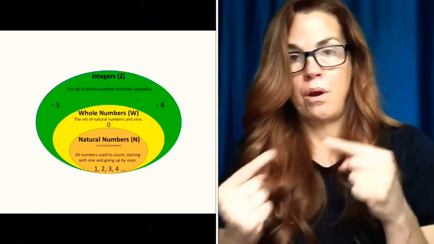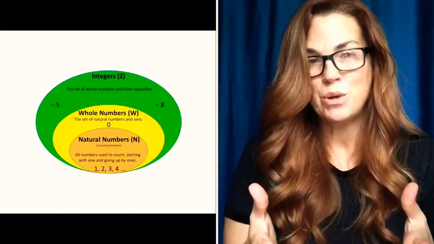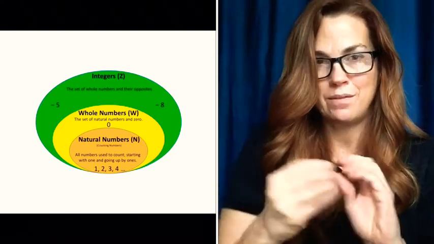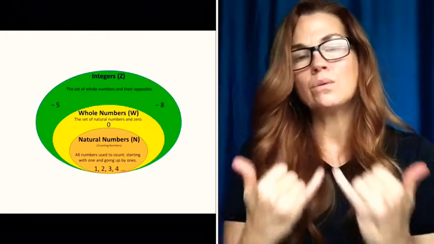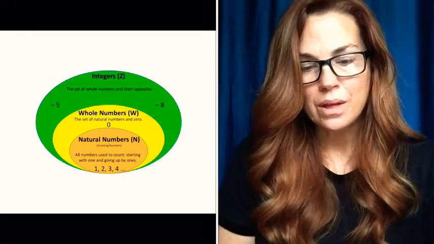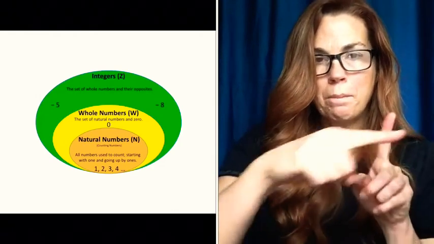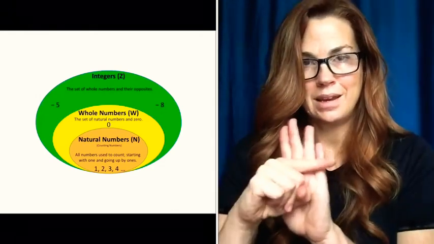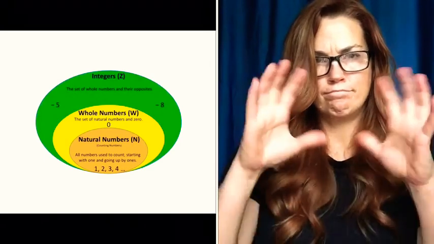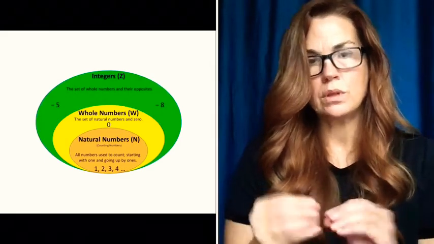In this picture, you can see that the set of integers includes all of the whole numbers and all of the natural numbers, and now their opposites as well. Why all these sets? Natural numbers are used for counting. To show the absence of value, we have 0.